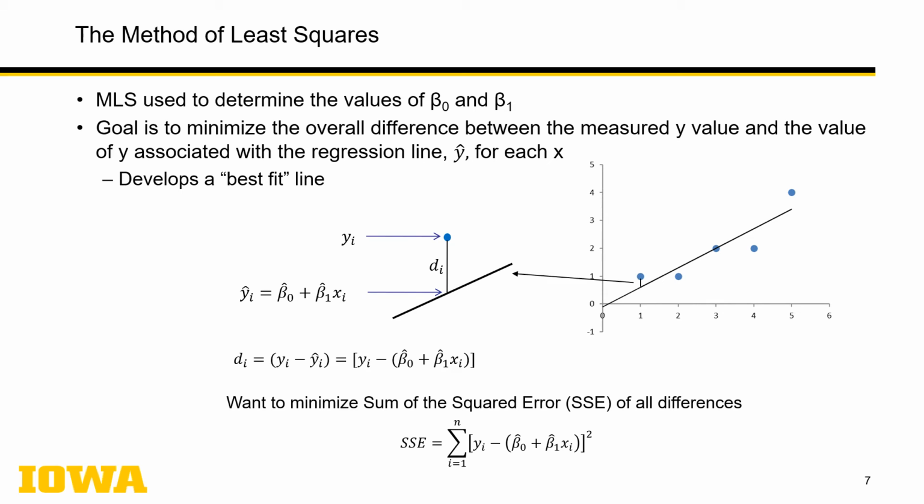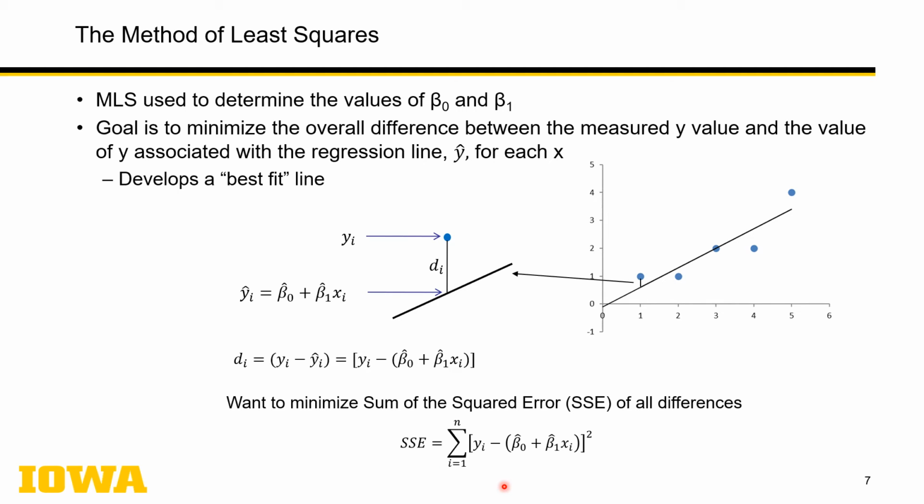So the error is the difference between y and the deterministic model, y caret. But again, we're going to square it instead of just using the difference straight up. And then we're going to sum them all. So least squares, having the minimum of this sum of squared error, is one way to think about it.